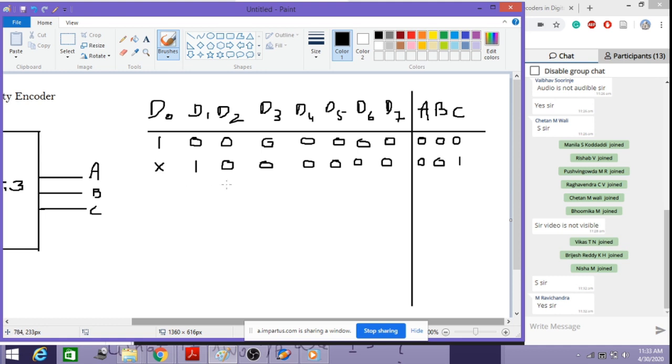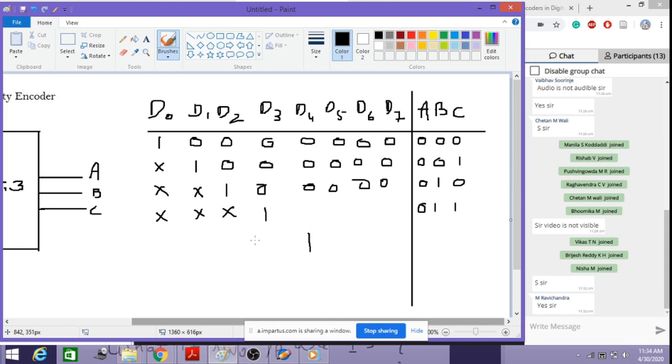Now in the next case, if D2 is 1 and whatever may be the D1, it doesn't matter whether it is 1 or 0, it will generate the output as 0, 1, 0. Likewise, this can also be X. Whereas all other inputs are 0. In the next case, if D3 is 1, then D3 has got the highest priority when compared to D2. Irrespective of the value of D2 or below that, it will generate the output 0, 1, 1 as 3.